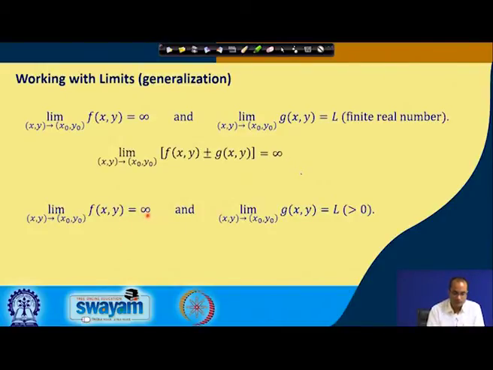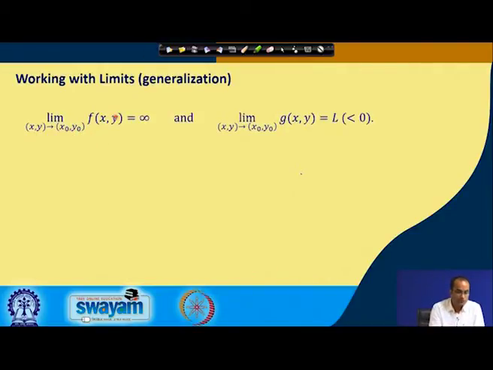Second, if we have infinity and this limit L is positive, in this case we can go for the product rule. So, the limit as (x, y) goes to (x0, y0) of f(x, y) times g(x, y) will be equal to, because this L is positive, the sign will not change and it will be plus infinity.